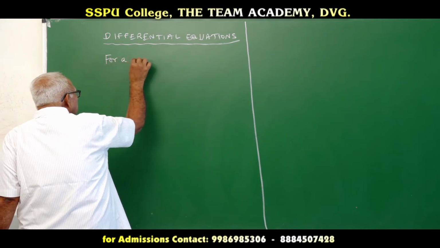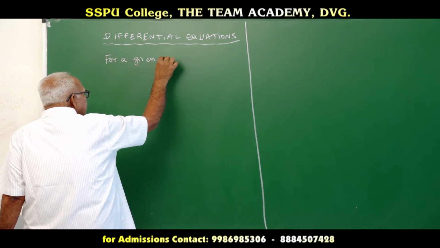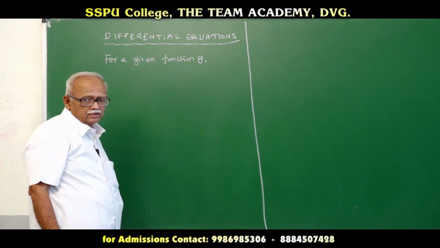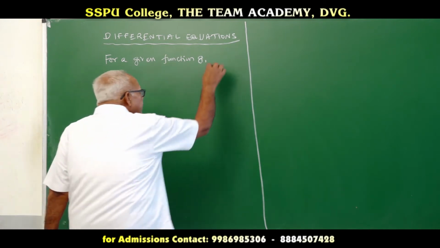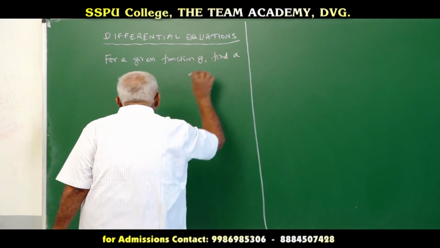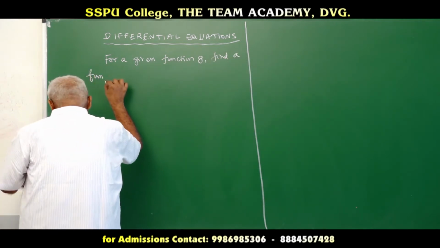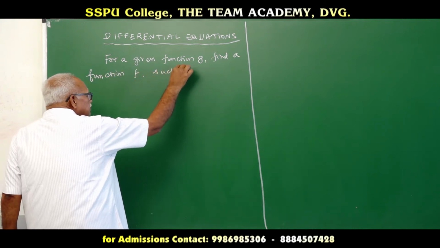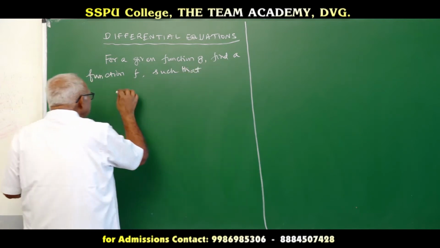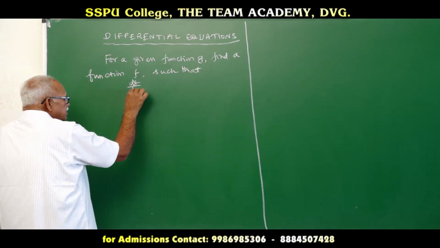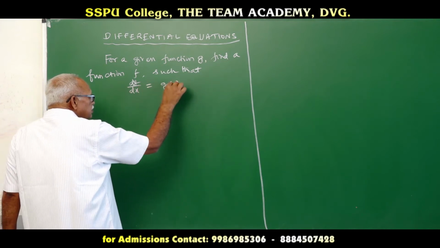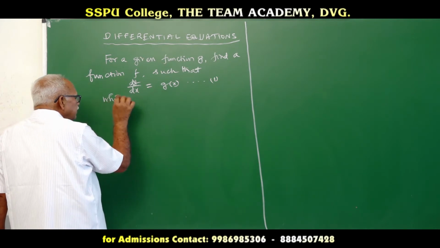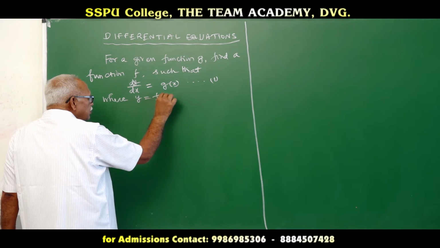For a given function g, find a function f such that dy by dx is equal to g of x, where y is equal to f of x.